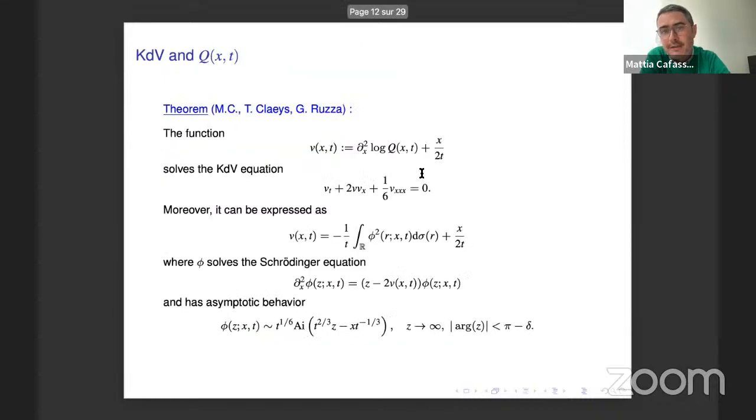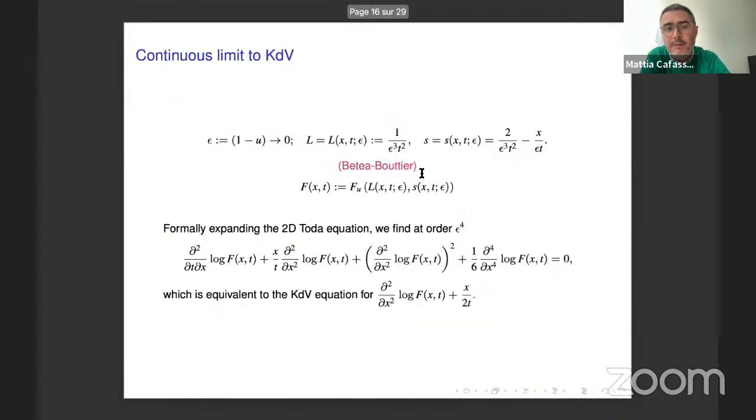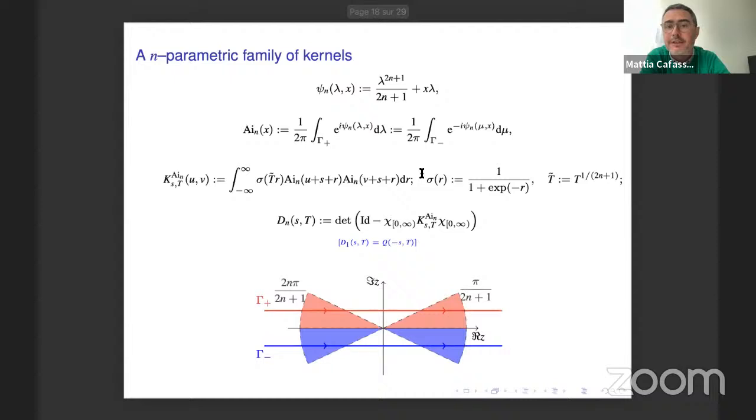The point is that when you see the Riemann-Hilbert problem that you study, one reasonable way to call it a hierarchy is that the singularity structure is the same, but at infinity the order of the singularity grows with n.